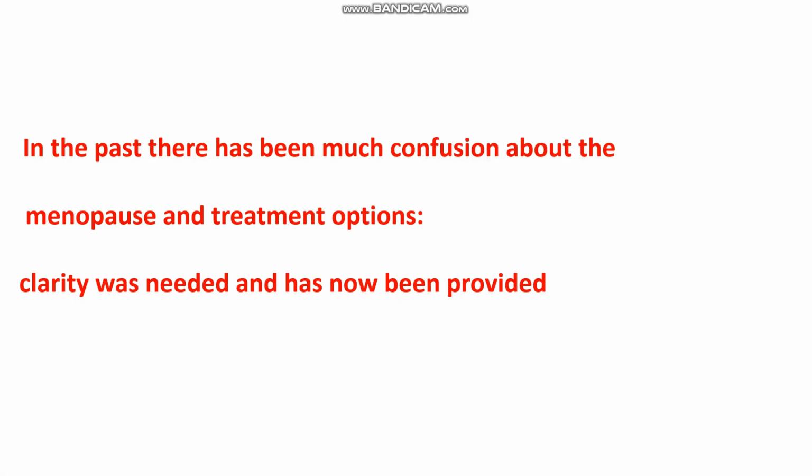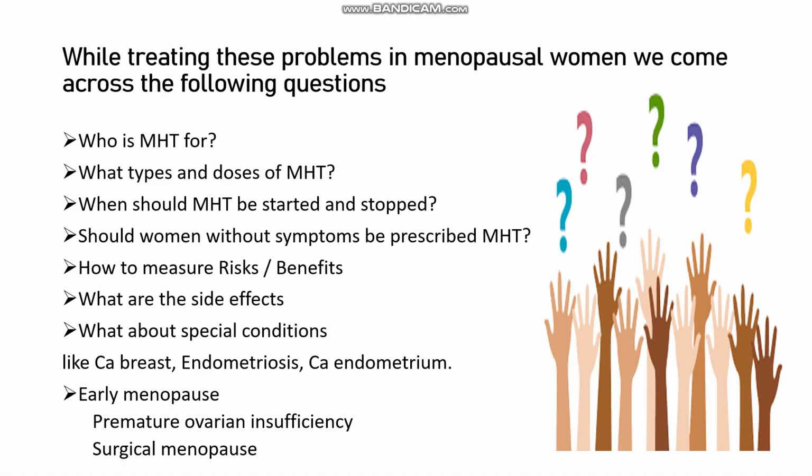In the past, there has been much confusion about the menopause and treatment options. Clarity was needed, and now it has been provided. While treating this problem in menopause, we come across the following questions. Who is MHT for? What types and doses of MHT should be used?